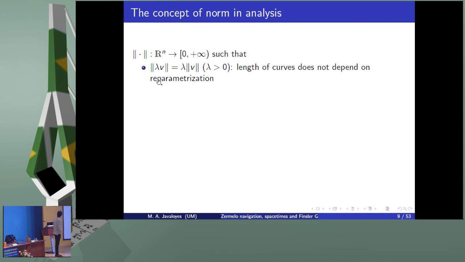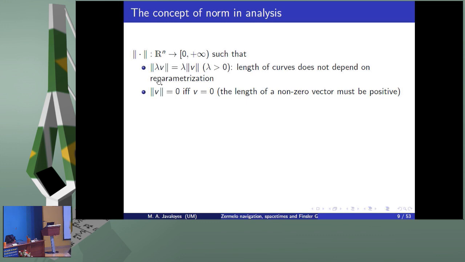In analysis, you take a homogeneous function. It has to be homogeneous. Here, I'm putting homogeneity only for positive values.